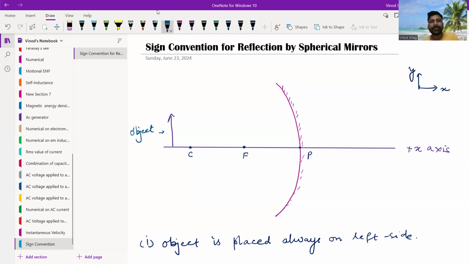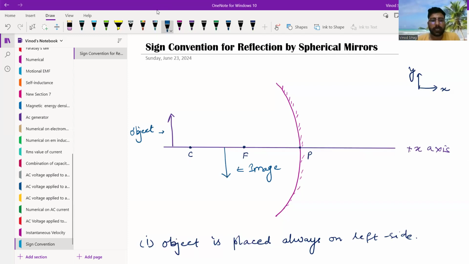Object. And then let's say its image is somewhere between C and F. Likewise, we can say that it is the image. I'm not saying that the image will be exactly here, I'm just taking an example.